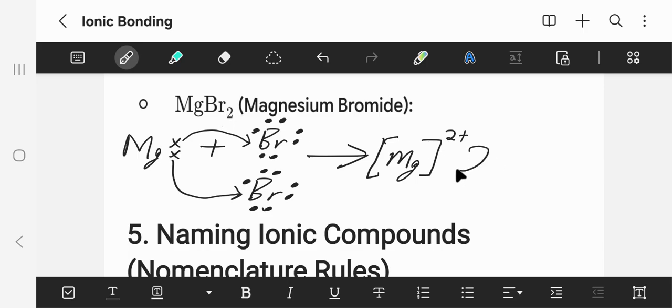So here I'm gonna put 2, then inside the square bracket I put bromine, and then I'm gonna have my dots there for bromine to say bromine initially had 7, but now it's gonna have 8. Remember, I don't put 2 bromines, I just put 1. The 2 outside the bracket means that I'm showing that there are 2 bromines. Then here I'm gonna have a minus because this is in group number 7. I hope, guys, this is making sense.